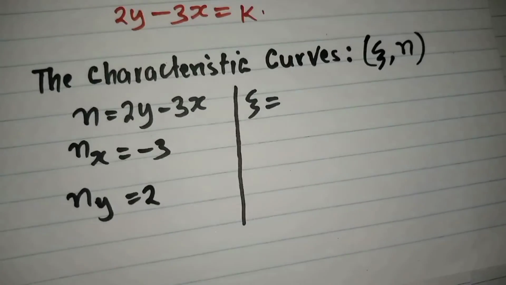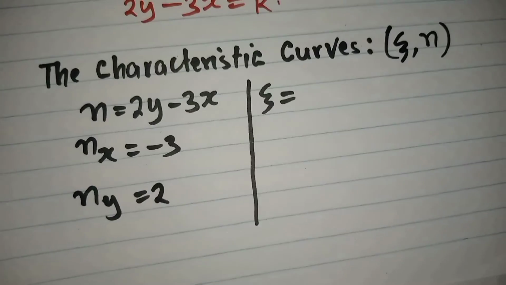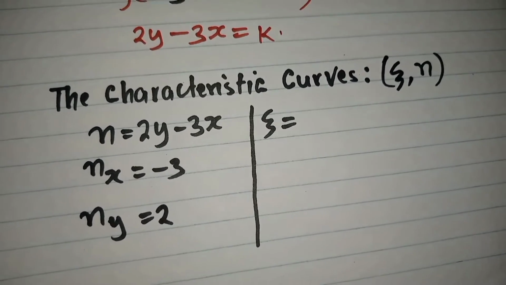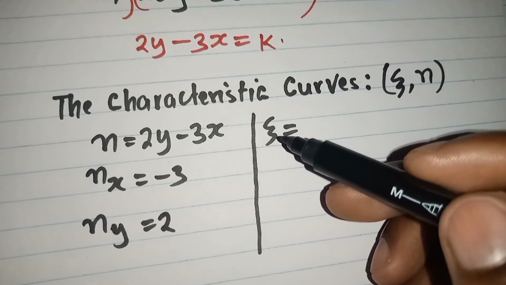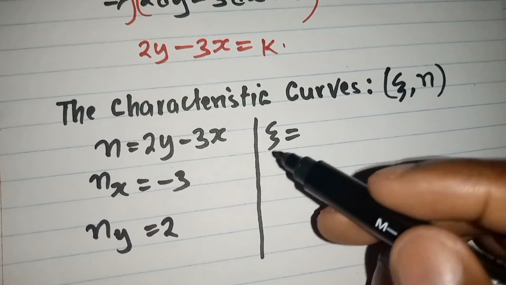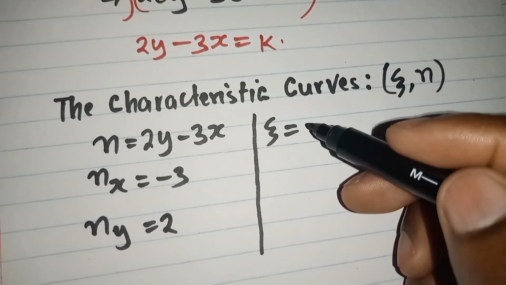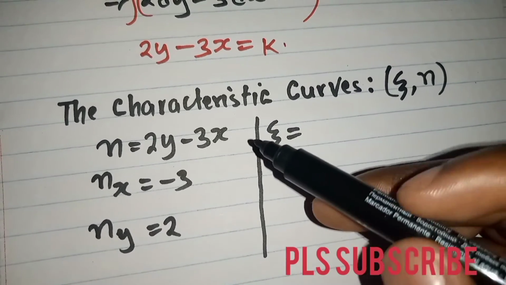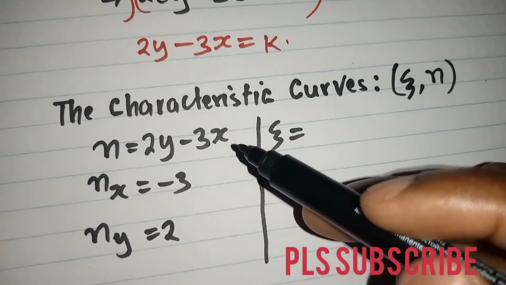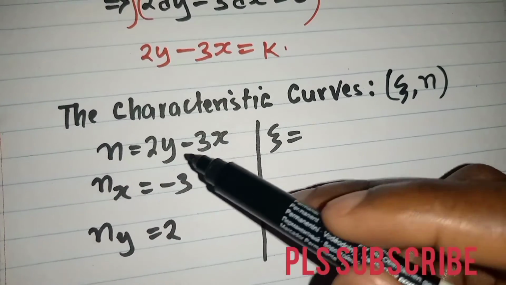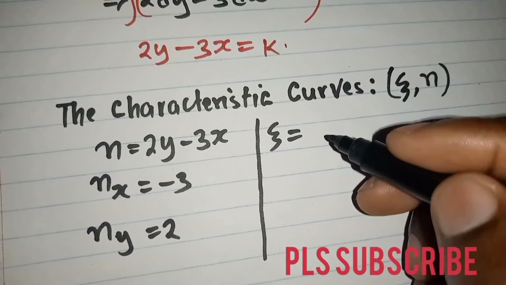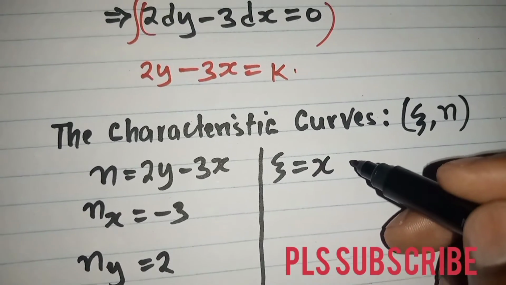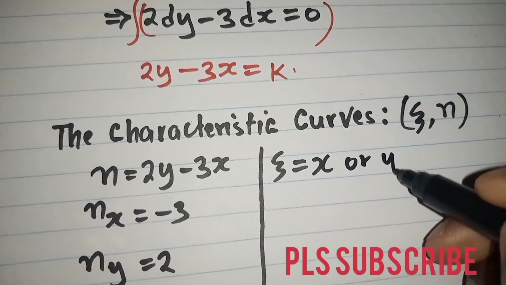Okay. Then with these two differential values for nu, we can have our function for xi. In this case, we can let our function be any function so long as it obeys the Jacobian rule and is within the given values. So we can let xi be x. We can also let xi be y.